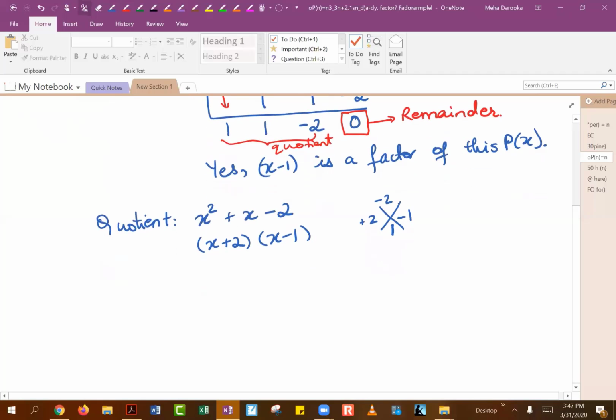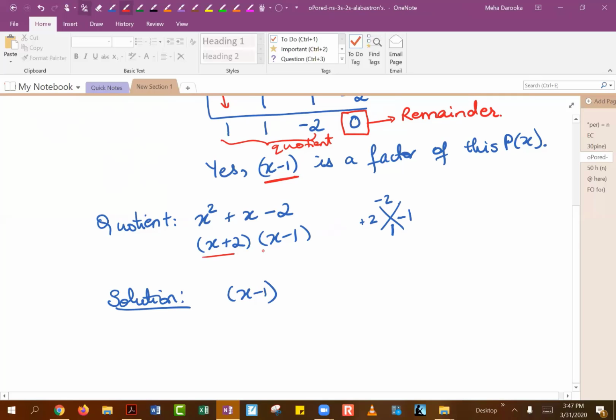And now to write your factors all together, your solution here is going to be this x minus 1 that we were proving is a factor or not. You're going to have that.